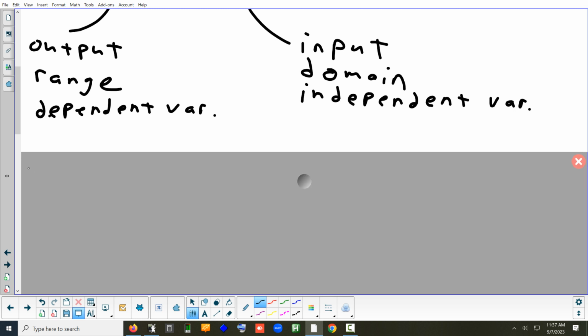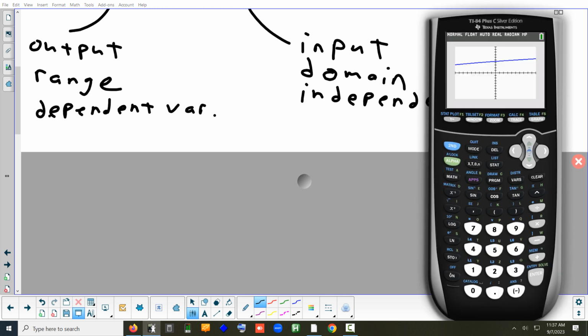Now, not everything that you draw on the calculator screen is a function. Okay, here's an example of something that is not a function. You don't have to draw this. You can just watch me do it.